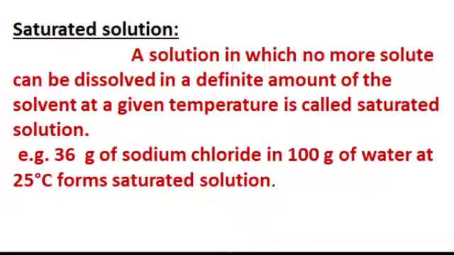36 gram of sodium chloride in 100 gram of water at 25 degrees Celsius forms a saturated solution. The saturation level of sodium chloride is 36 gram in 100 gram of water at 25 degrees Celsius.